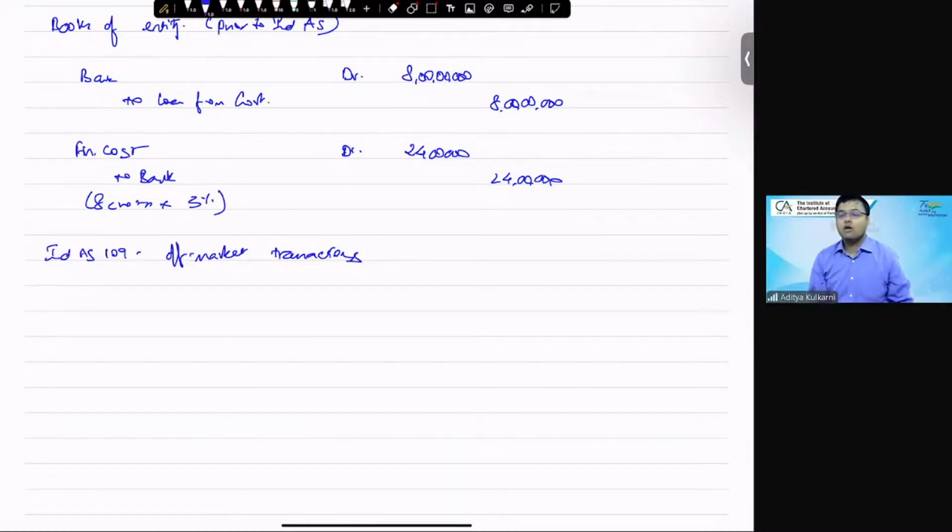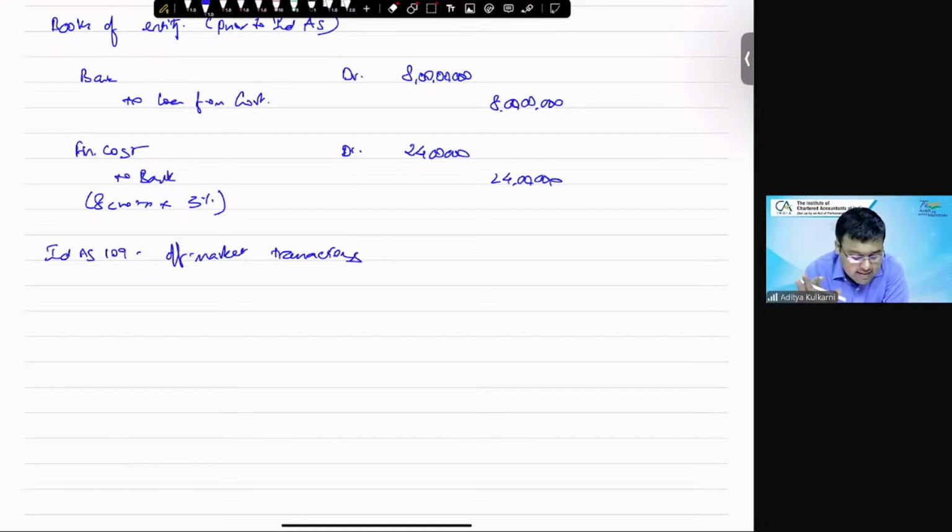So now what we have to do is, any financial liabilities, initial recognition should happen at fair value. This is what Ind AS 109 tells us. And what is fair value? The present value of all future cash flows discounted using the market rate of interest, something which we call the effective interest rate. Okay. So we will look at illustration 4.